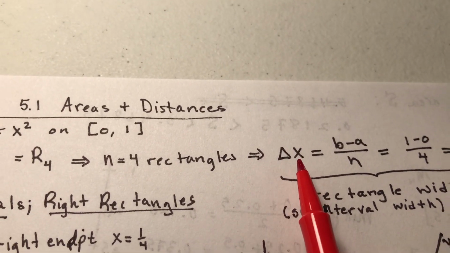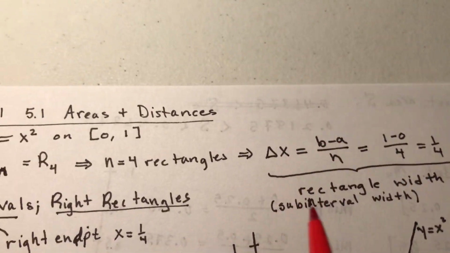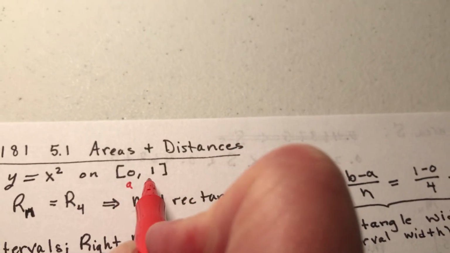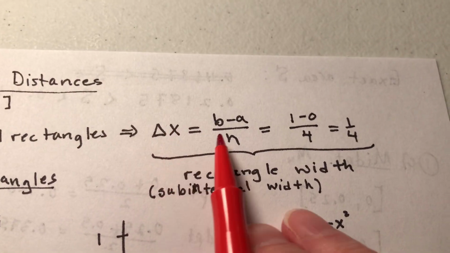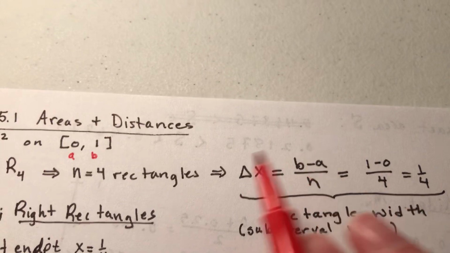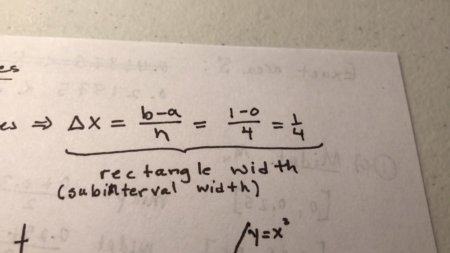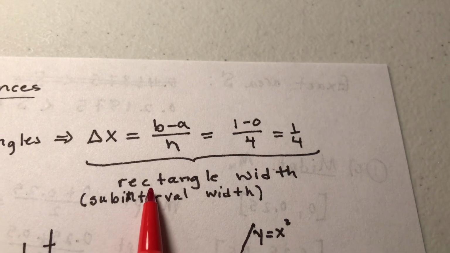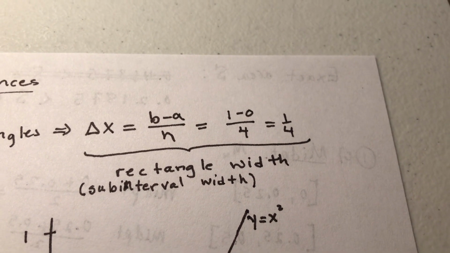Now delta x, a change in x, is equal to (b minus a) over n. Since this is a and this is b, we're looking at a change in x of (1 minus 0) over 4, which is 1/4. This is going to be our rectangle width and our subinterval width.